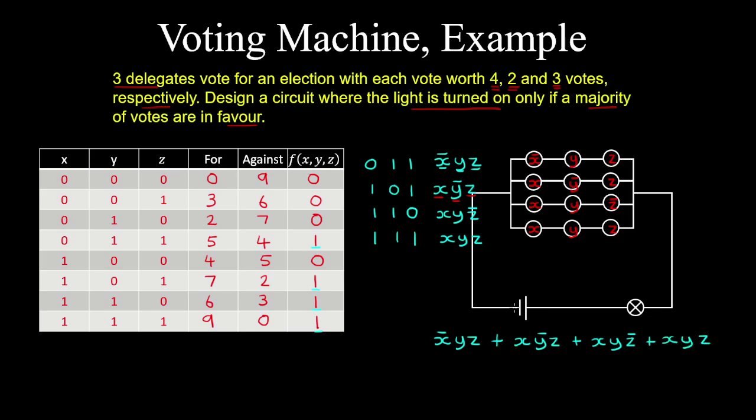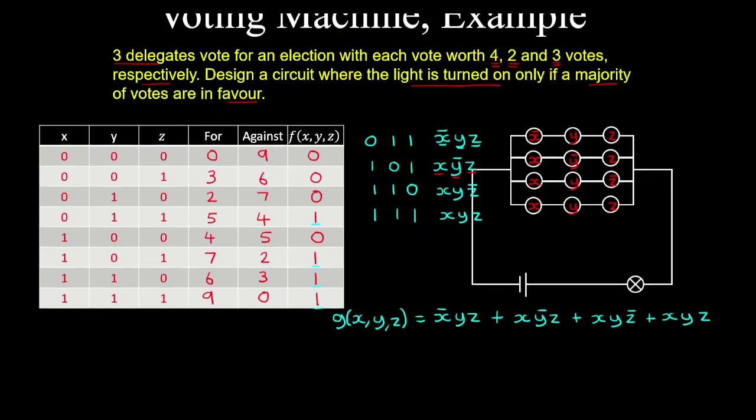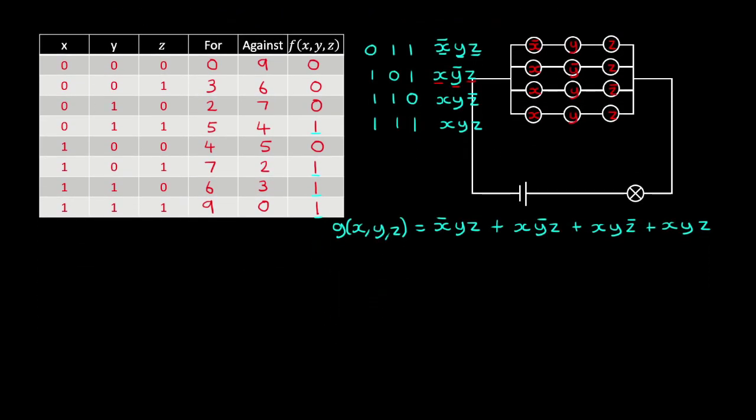So this Boolean expression induces some function g, and now we want to verify if g is equivalent to f. So it should evaluate to 1 where the majority of votes are in favour.